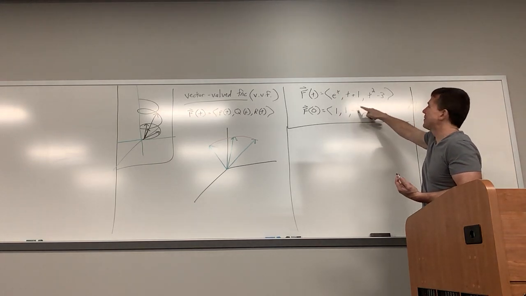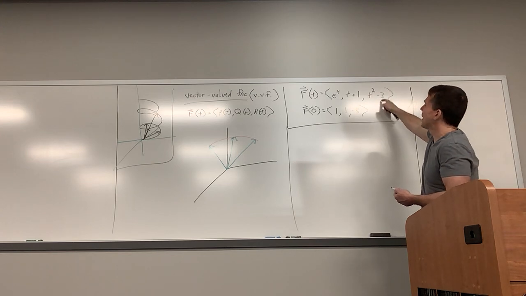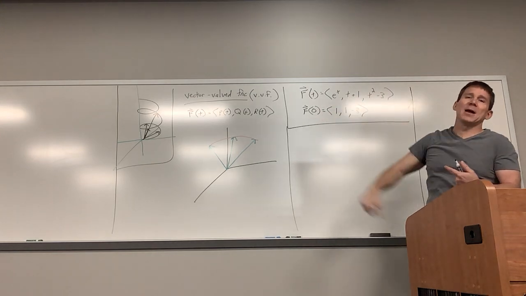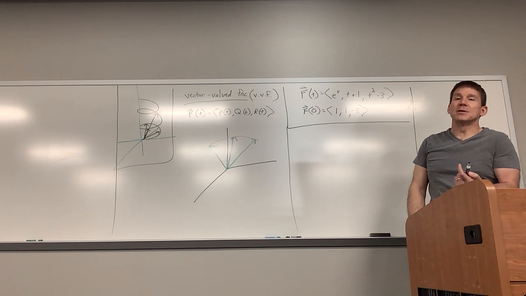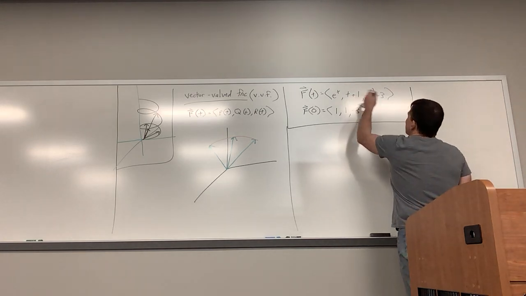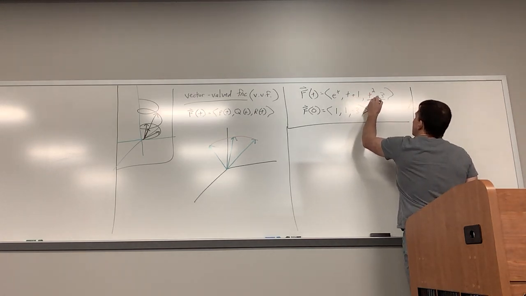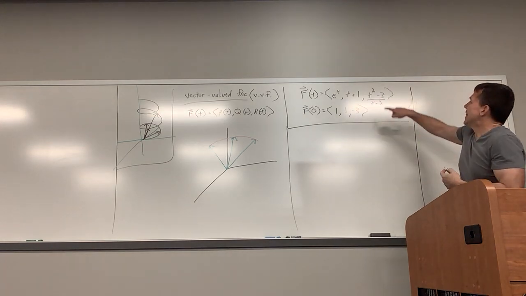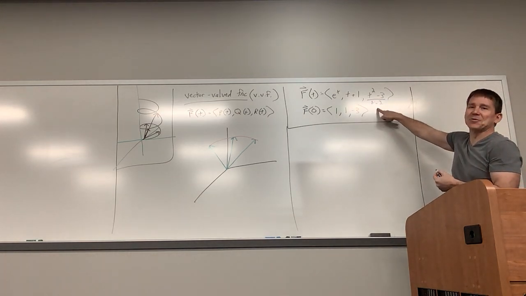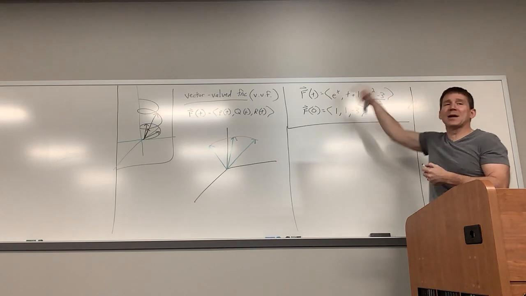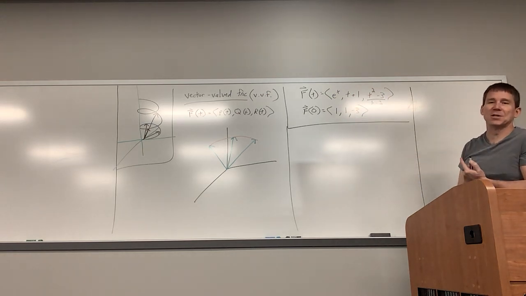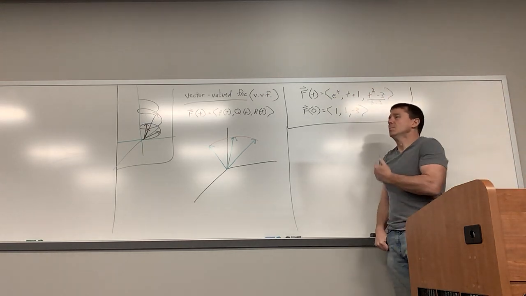That's a line, defined everywhere. That's a quadratic, defined everywhere. All of these are defined everywhere, so my domain is all real numbers. If I altered this and maybe made it 1 over t minus 2, then this isn't defined for t equals 2, which means the whole vector valued function isn't defined for t equals 2.